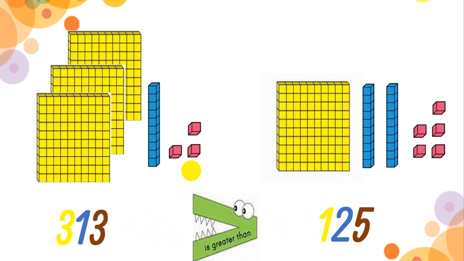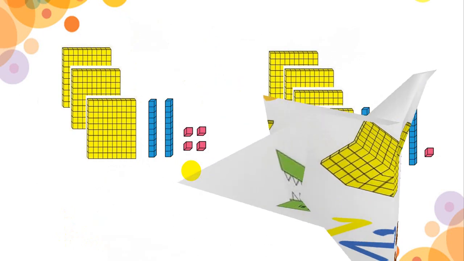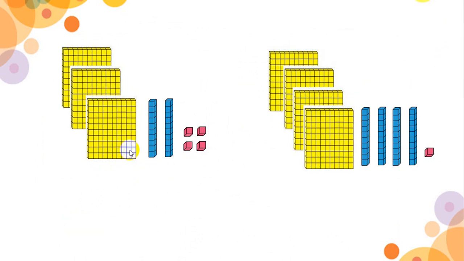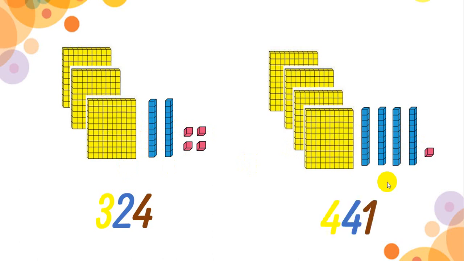Let's see another example. This set has three hundreds, two tens, four ones. The number is 324. This set has four hundreds, four tens, and one one. The number is 441. As we learned, to compare these numbers, we should look at the hundreds places.